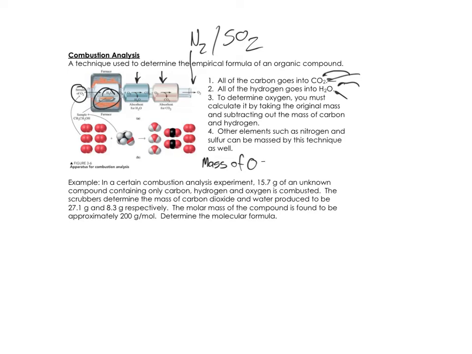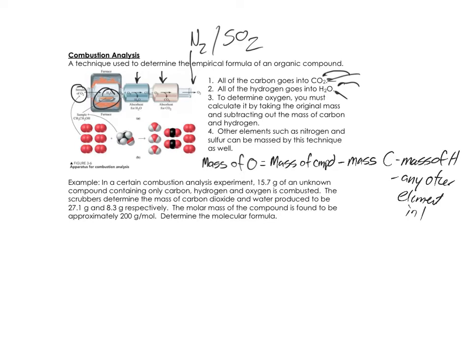The mass of oxygen will equal the mass of compound minus the mass of carbon minus the mass of hydrogen minus any other element in the organic. So for example, if I have an organic that has carbon, hydrogen, nitrogen, and oxygen, the mass of oxygen is going to be the mass of the compound minus the mass of carbon, hydrogen, and nitrogen.